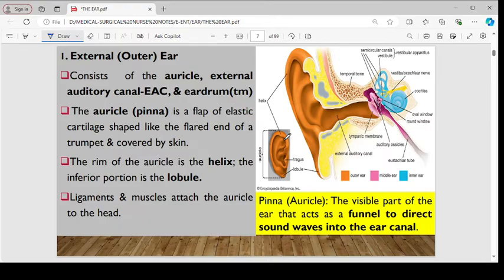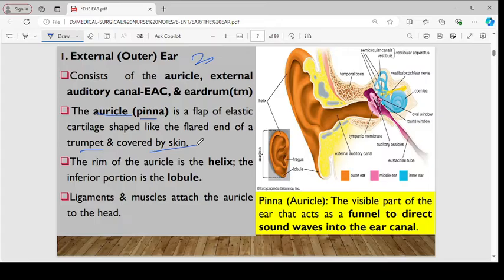Starting with the external ear, which is also the outer ear, it consists of three major parts. We have the auricle, the external auditory canal, and the eardrum. The auricle is the pinna, and this pinna is a flap of elastic cartilage that is shaped like the flat end of a trumpet and is covered by skin.